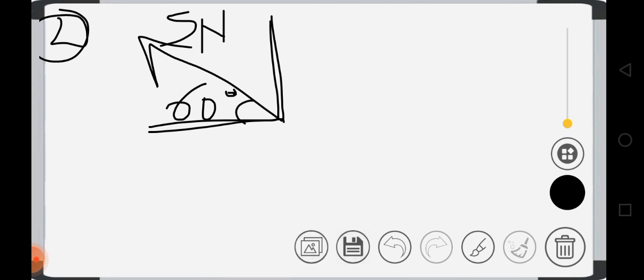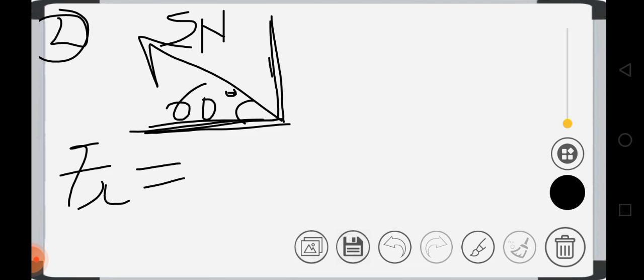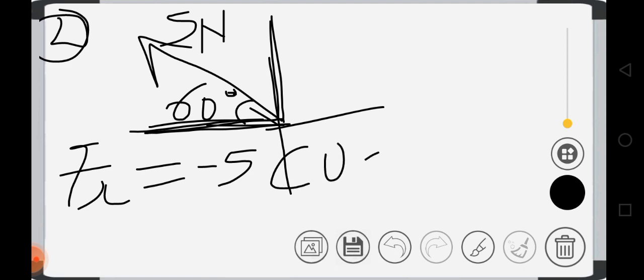Let's find the components of these 5 newtons in the s and y directions. The force's component, check, this one is going to the left-hand side. So the s component will be negative. We're going to have negative of 5 cos of that angle 60.